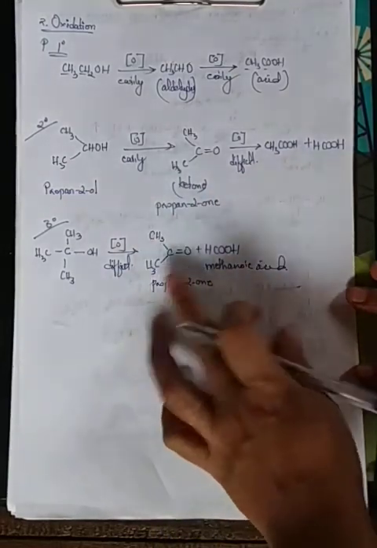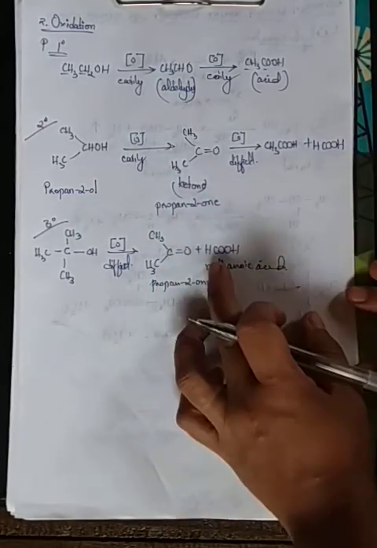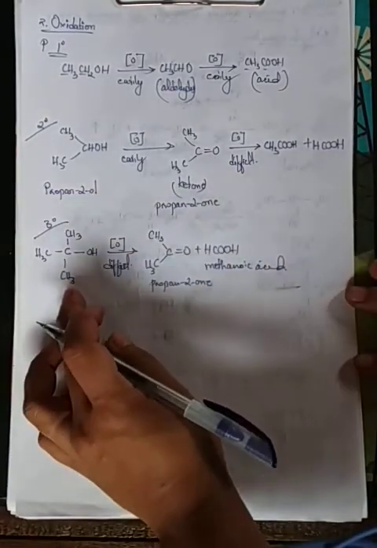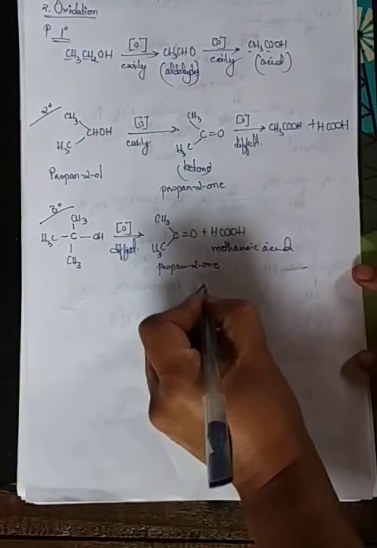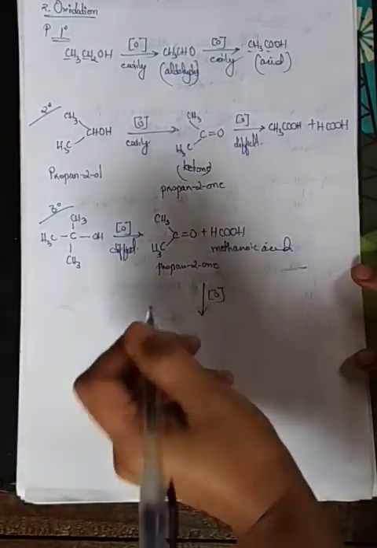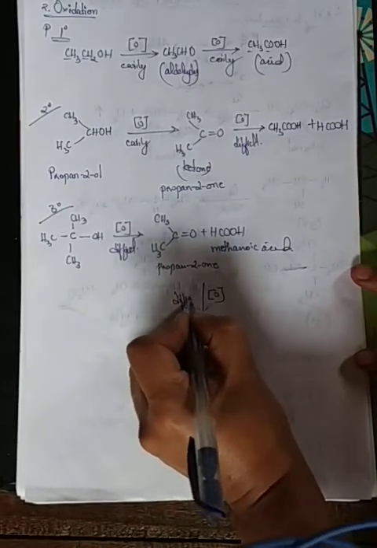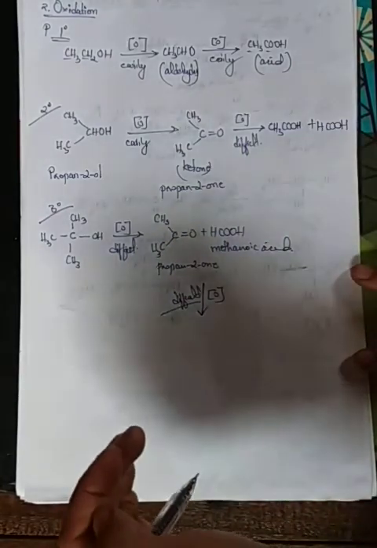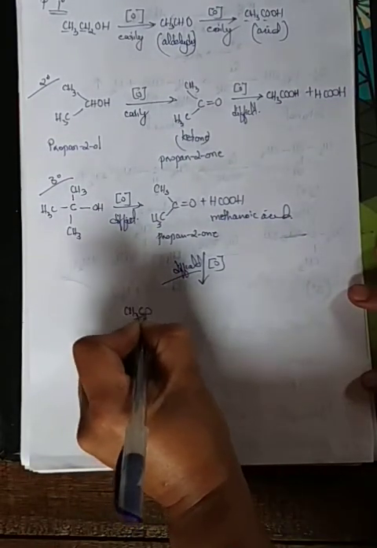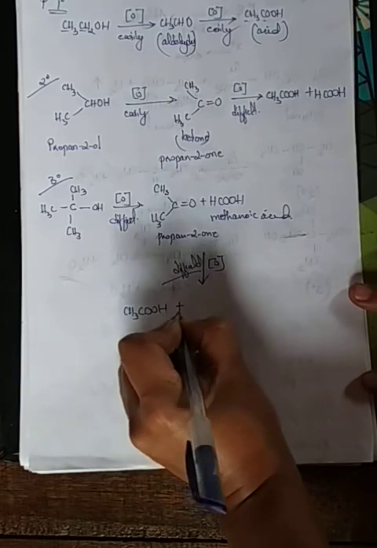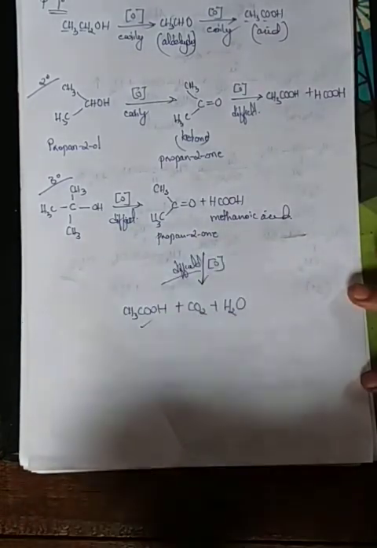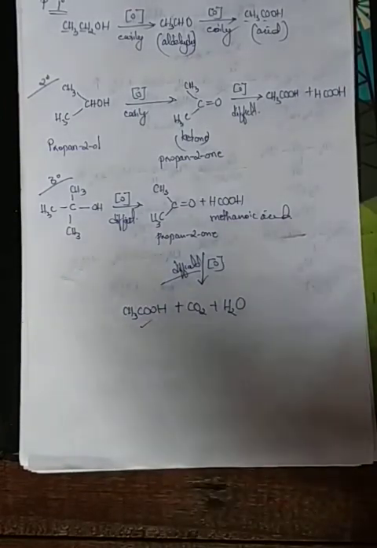So a mixture of ketone and an acid, both containing a lesser number of carbon atoms than the alcohol. Again, this will undergo oxidation only under very vigorous conditions to finally give us carbon dioxide and water, and this product contains a lesser number of carbon atoms than the alcohol.